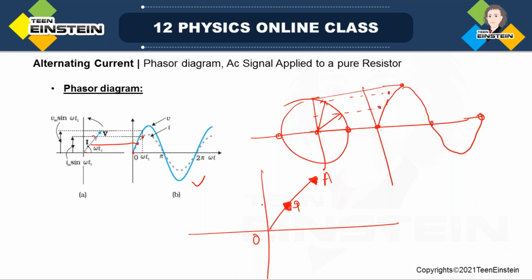Suppose this is OP. So this part will give you the current. This part will give you the voltage. So the projection of this part. Okay, so this is how you have to draw. Obviously, you have to specify the angle and rotation. You have to give the direction of rotation like this. This is omega t. This is how you have to draw the phasor diagram. And just by seeing the phasor diagram, we can get much information about the quantities.